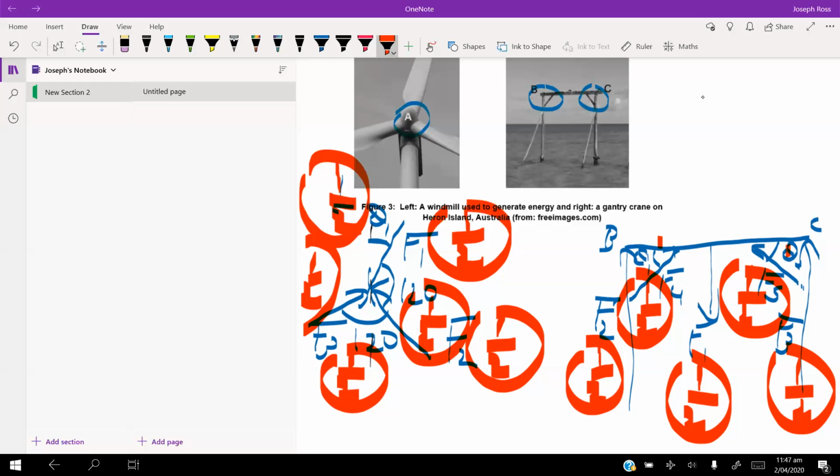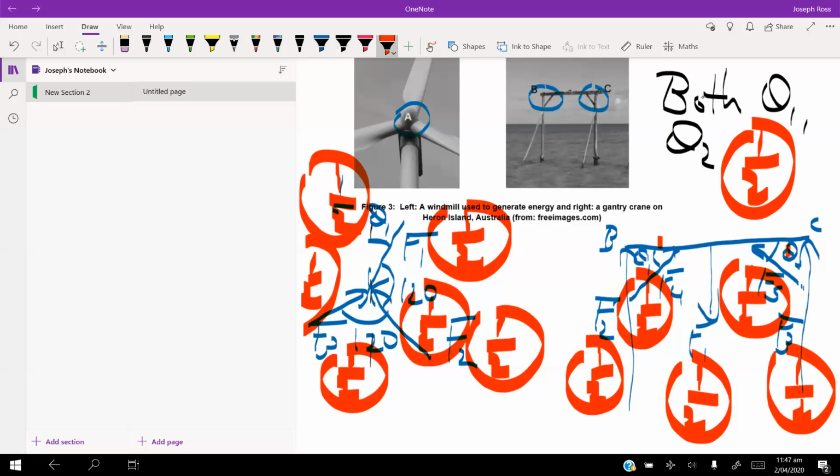And so drawing in both angles, so both theta 1 and theta 2, would be the final half mark. So if you've only drawn in theta 1 or only drawn in theta 2, you don't get that half mark.